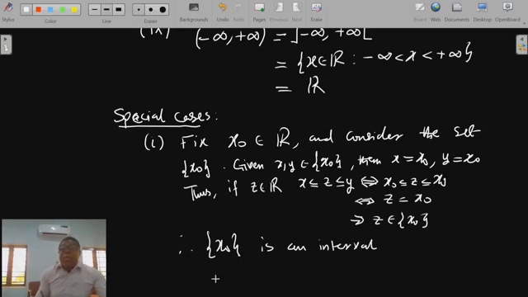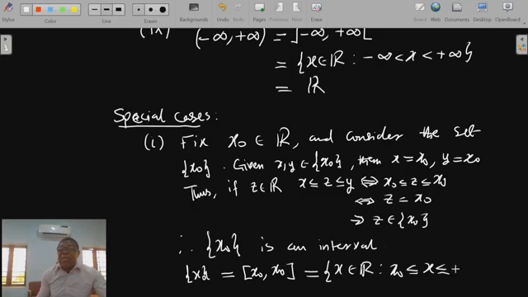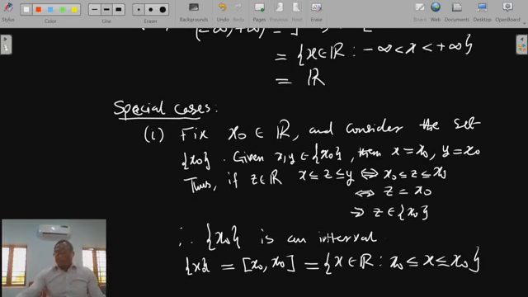And it is easy to see that this interval can be written in the form x naught, x naught, which is the collection of all x in R so that x naught is less or equal to x, less or equal to x naught. So every singleton subset of R is an interval.